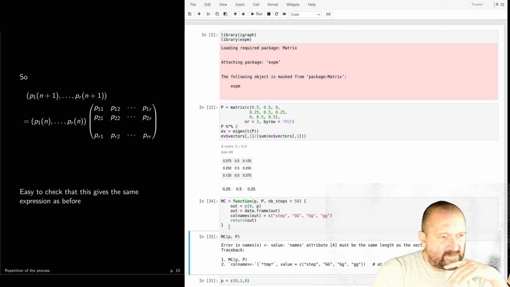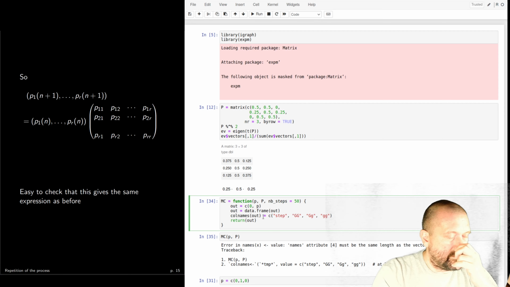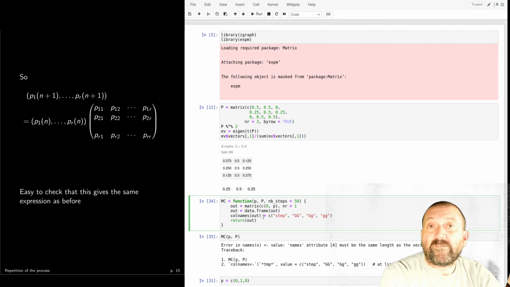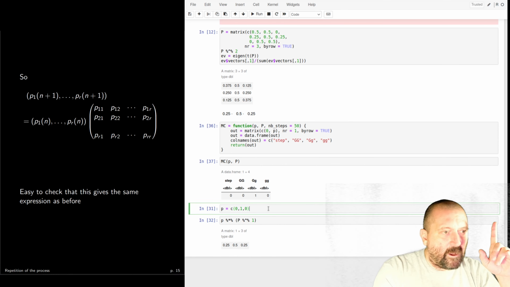Error in names, value of names attribute 4 must be the same length as the vector. Okay, let's do it like this. Let's say that out is a matrix that has this data and has nrow equals 1, so only one row, and we are running by row. Okay, let's see if this works. Okay, so that is the P that I chose here.